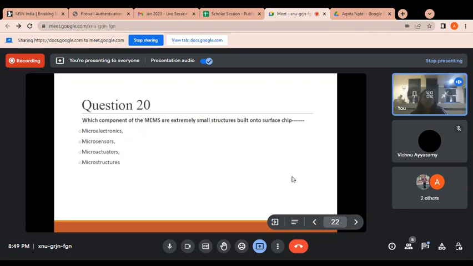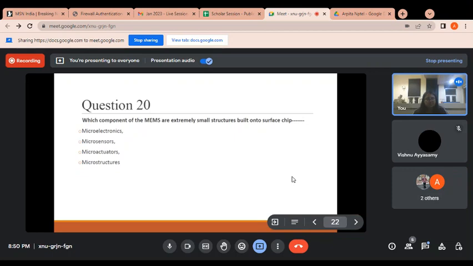So we are moving towards question number 20. Which component of the MEMS are extremely small structures built onto a surface chip? Microelectronics, microsensor, microactuator or microstructure? Option D, ma'am. Okay. Can you explain why?